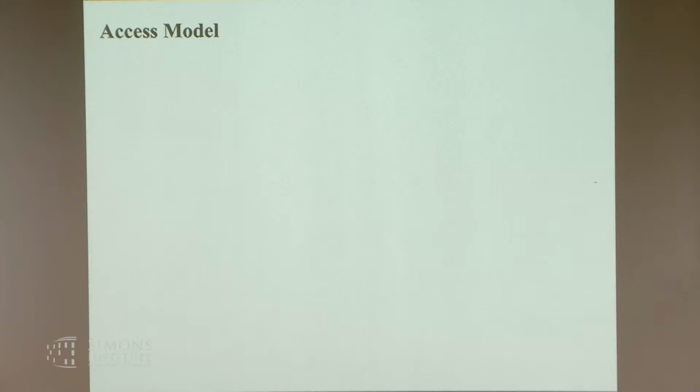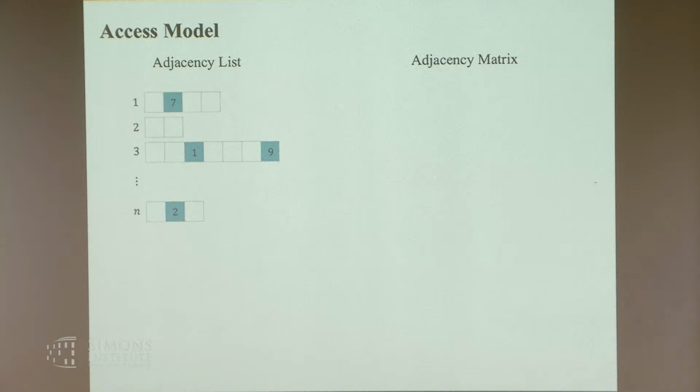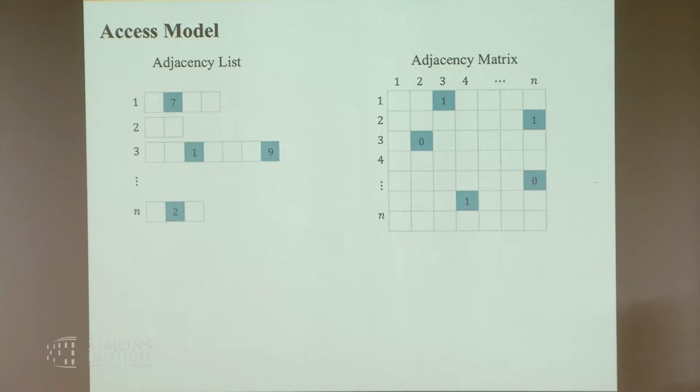Because we're not allowed to see the whole graph, it's important to fix the access model to the graph. So there are two models. One of them is adjacency list, and the other one is adjacency matrix. In the adjacency list, we can query the ith neighbor of vertex v. And in the adjacency matrix model, we can ask if there exists an edge between vertices u and v. So the trivial approach here is to query everything in the adjacency matrix or the adjacency list.